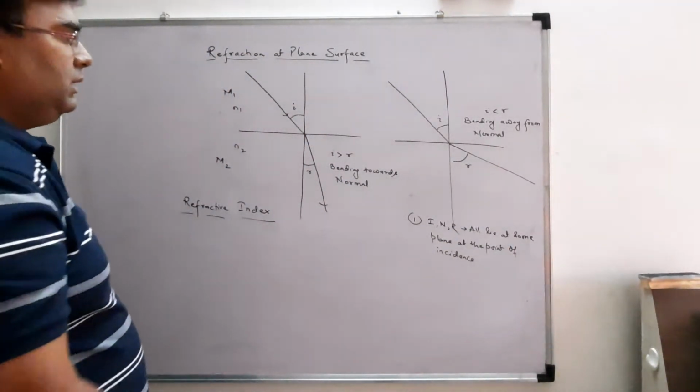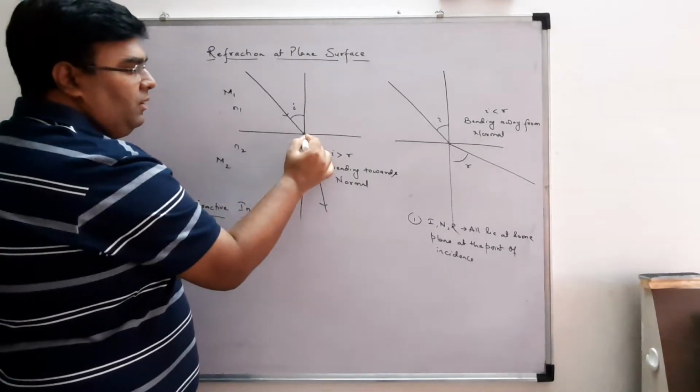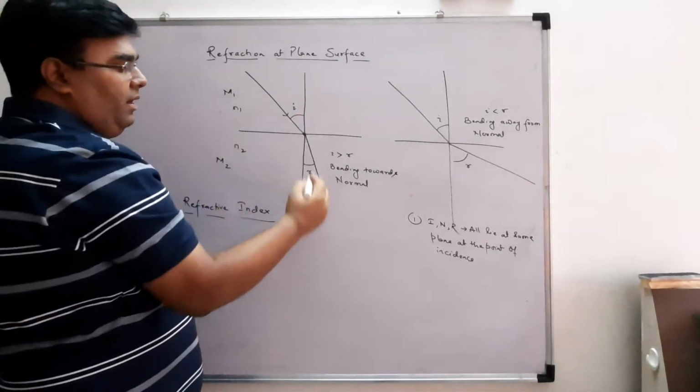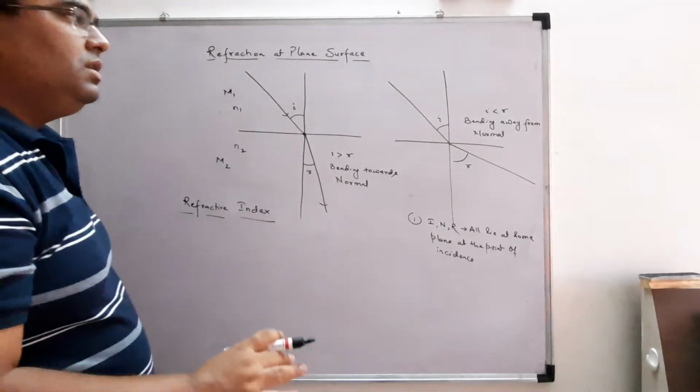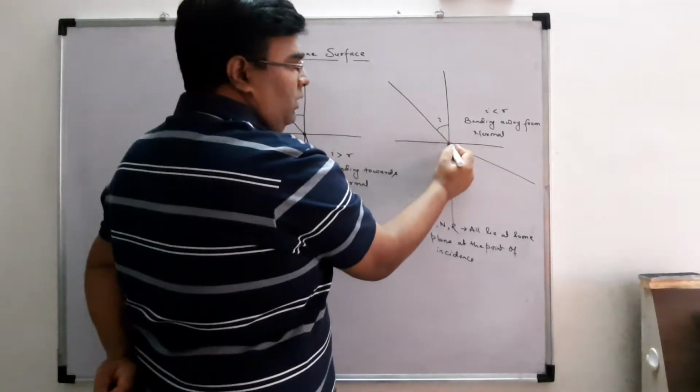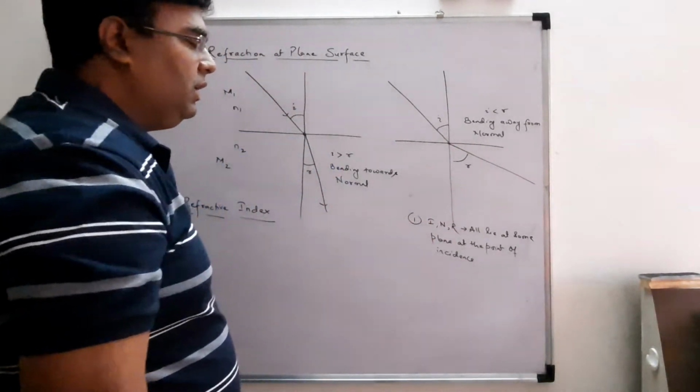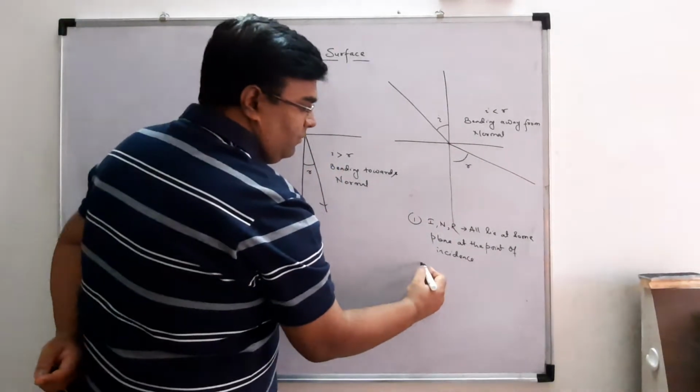Basically this is my point of incidence. At this point, my incident ray, refracted ray, and normal ray all lie on the same plane. Here also, this is my point of incidence.